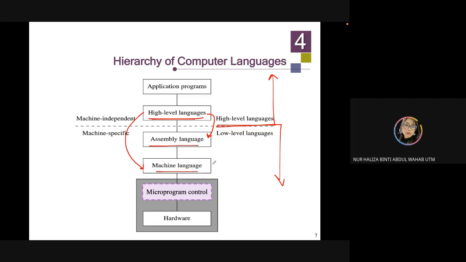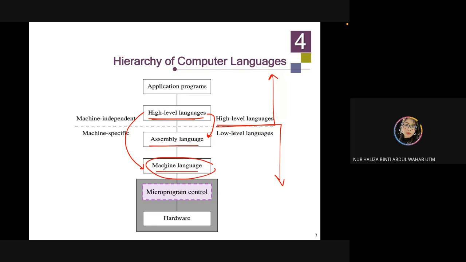Okay, why do you need to have machine language? Your laptop, your computer, they don't understand what you type, like move, add, sub, whatever programming you are writing. Our computer, our machine, does not understand.